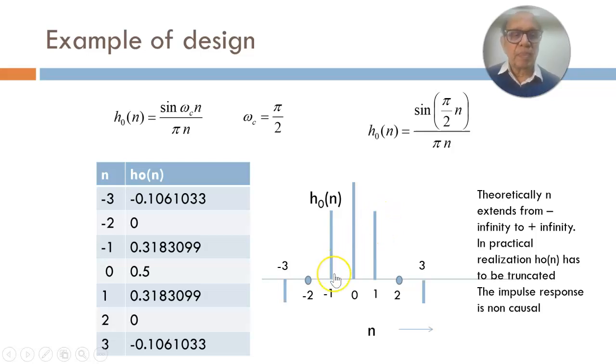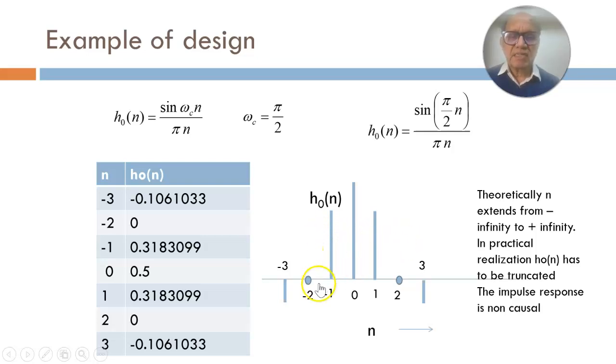So then what do you do? As we shall see, what we are going to do is to delay this. See, one simple thing you can think of is simply ignore this. Suppose you ignore this and take only 0 and positive values, then the problem is that the effect of a large number of coefficients you are neglecting. So you will not get a good frequency response. So if you want a good frequency response, and at the same time keep it realizable, you can actually delay this.